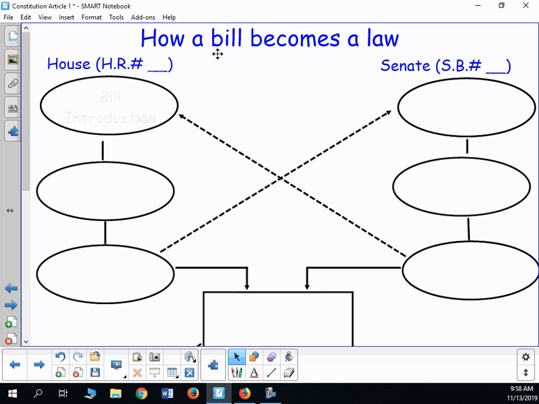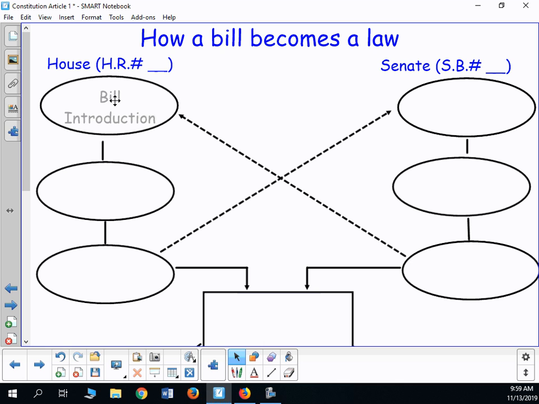For a bill to become a law, it can be introduced by both the House or the Senate. Doesn't matter which. Now, let's start with the House. If somebody comes to a representative and says, hey, I have this idea, and this needs to become a law, then a representative can and does present the bill.